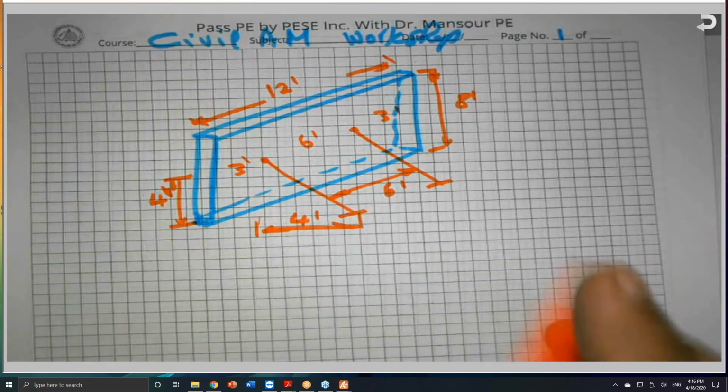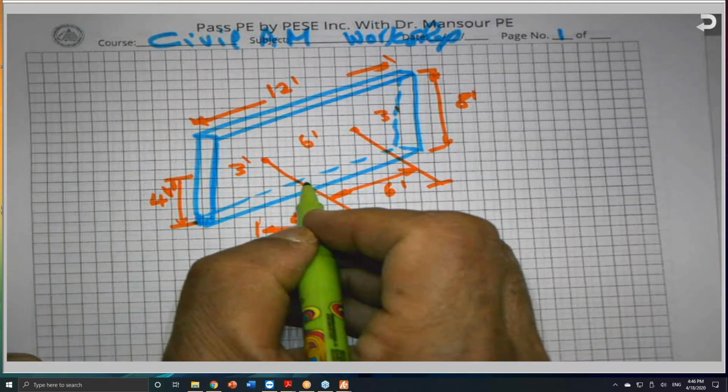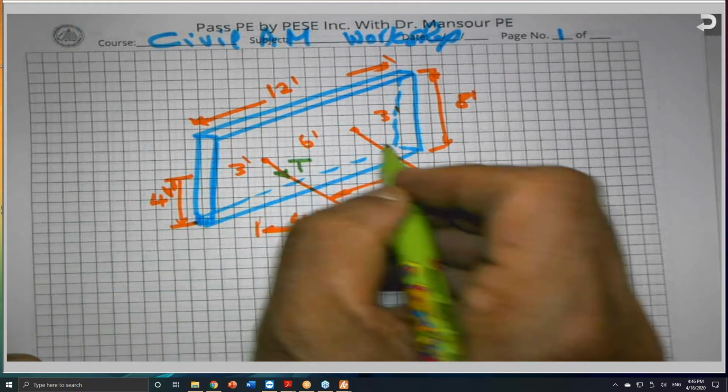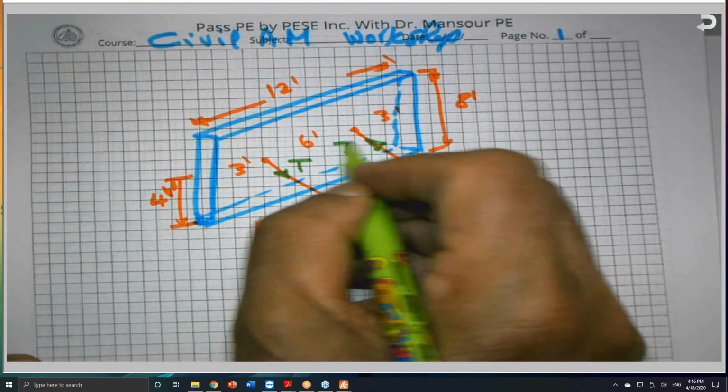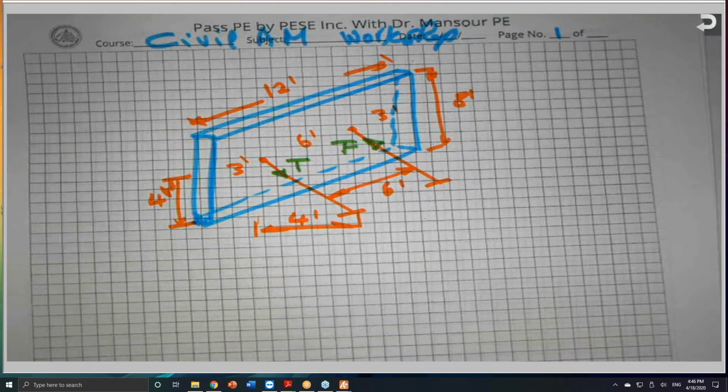So he would like to find the force in each brace. He called it T. It could be F or P, whatever he called it, a compression force.